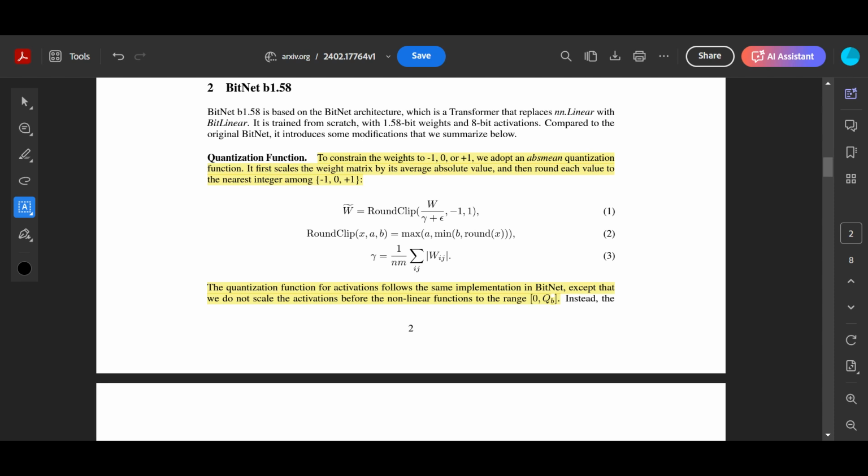Additionally, if we assume that Qb is the maximum value in that range of weights, quantization for activation functions is not done between 0 and Qb, but between minus Qb to plus Qb.